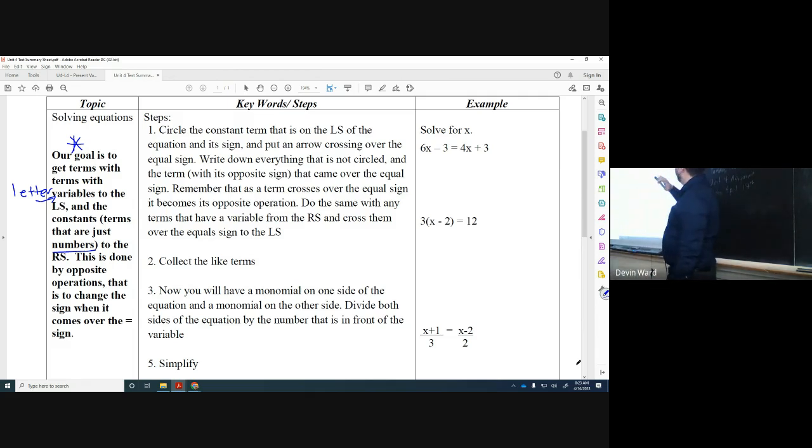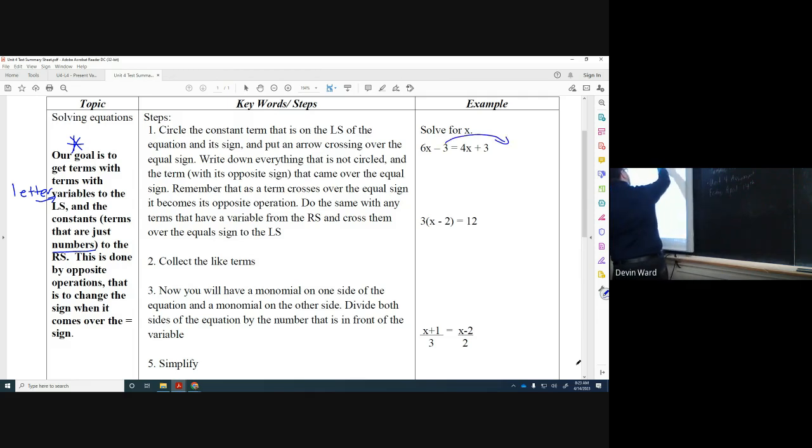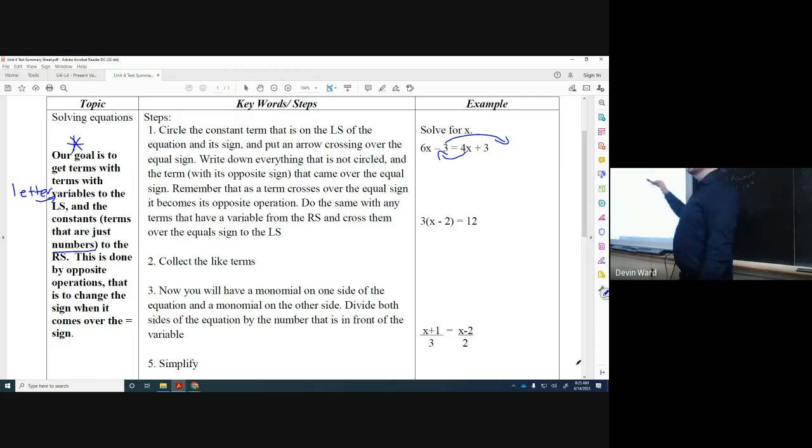For the first one, I want to move all my letters to the left and all my numbers to the right. So what should I move here? Perfect. -3 comes over, 4x comes over. I have to do the little arrows to show what's going where.